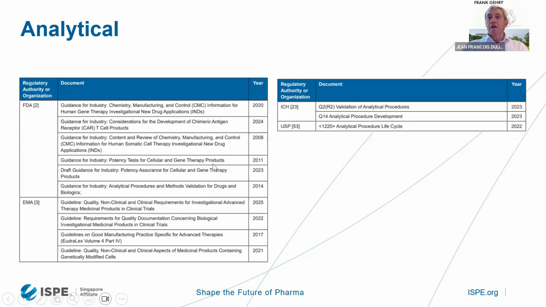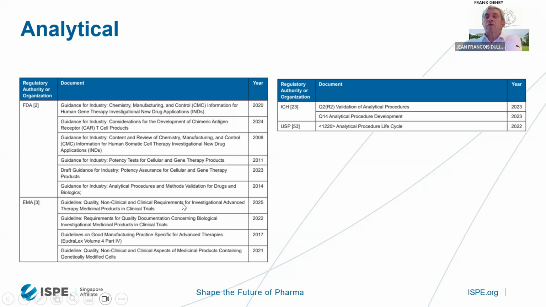Key validation. So on the analytical part, we have the guidance from FDA, EMA. Some guidance has been developed very recently. For instance, EMA has published quality, non-clinical, and clinical requirements for investigational advanced therapy medicinal products.